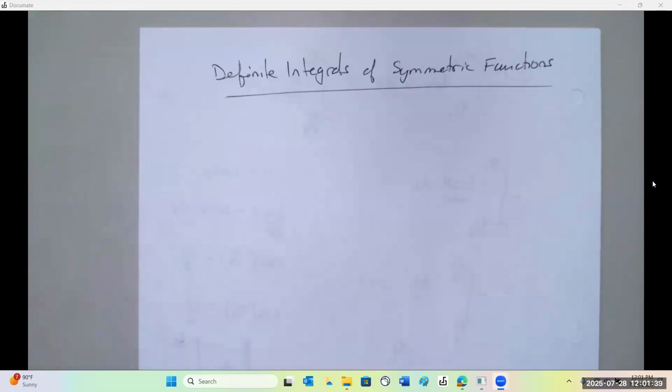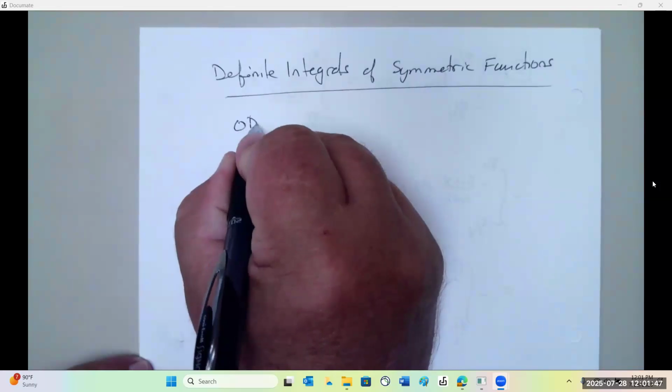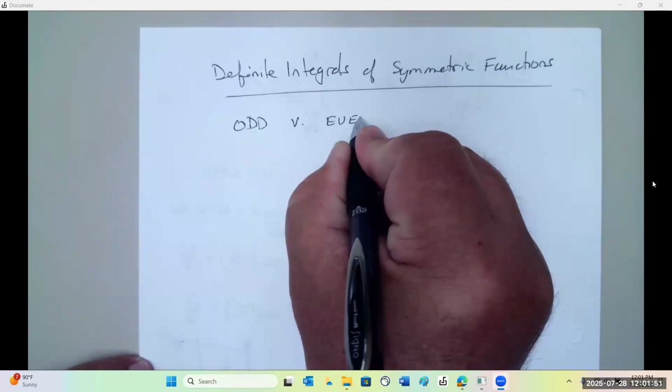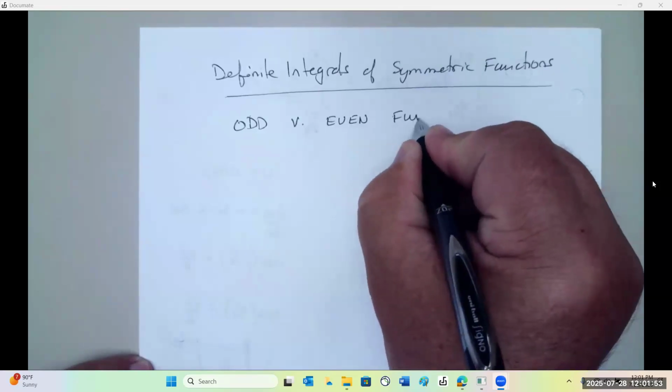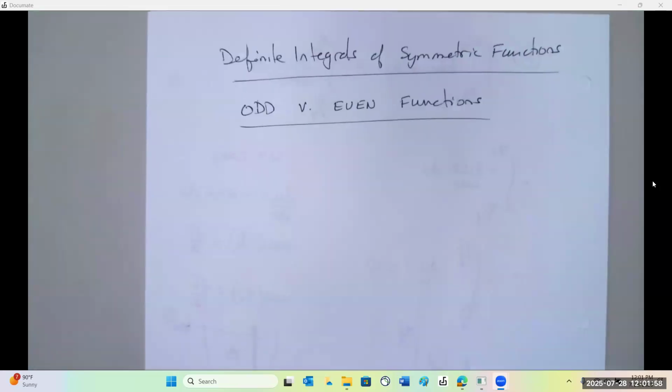We had two types of symmetries that we talked about in functions. Remember that? Odd versus even functions? What is an odd function? What does it look like? Or what is it symmetric about?